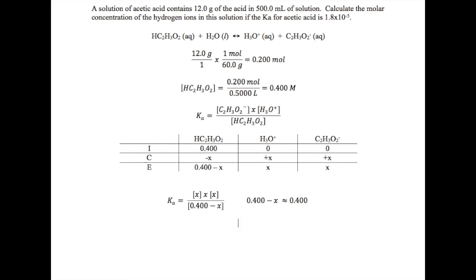So little that if you subtract it from the 0.400, you basically get 0.400. So now our Ka expression simplifies to Ka equals x squared divided by 0.400. This, of course, makes the algebra a lot easier.